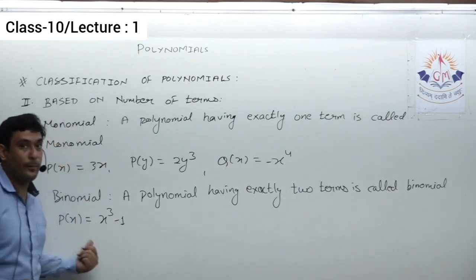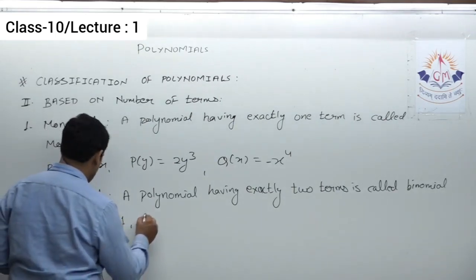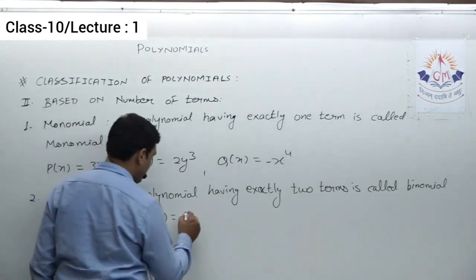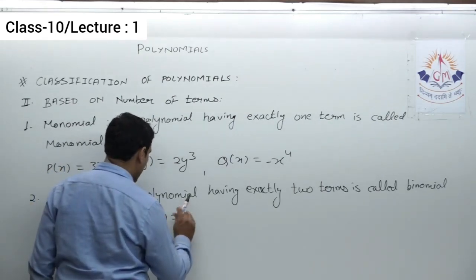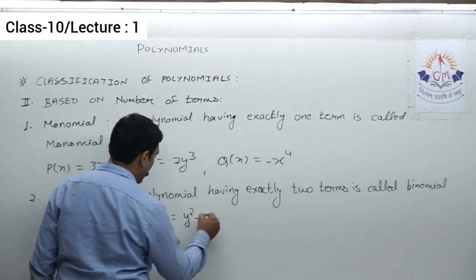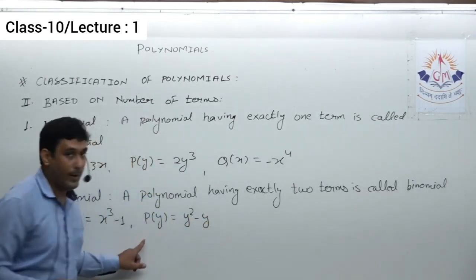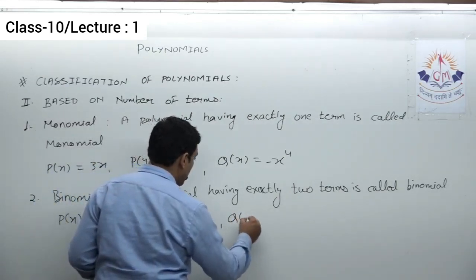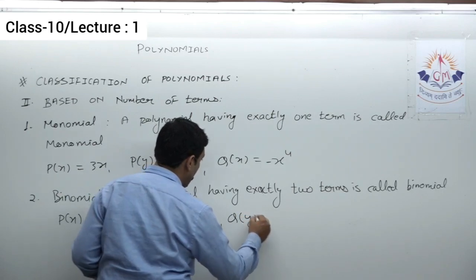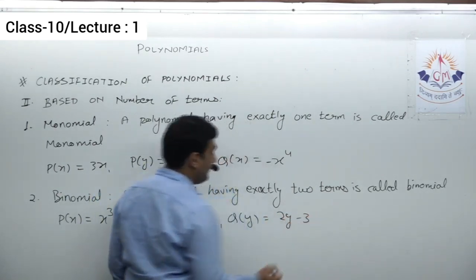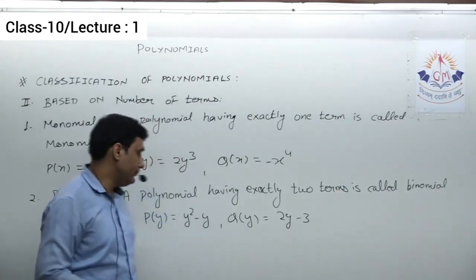This is a cubic binomial. Okay, then if I write p(y) is equal to y square minus y, it's a biquadratic binomial. Okay, then if I write q(y) is equal to 2y minus 3, it's a linear binomial.